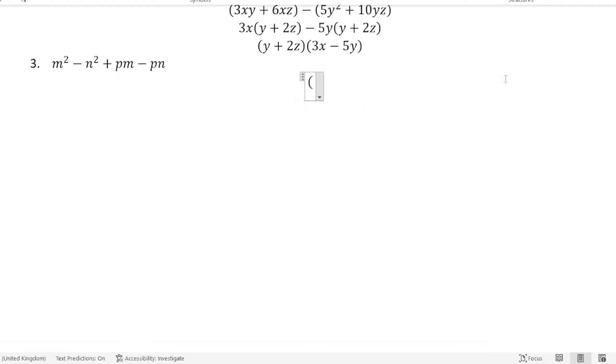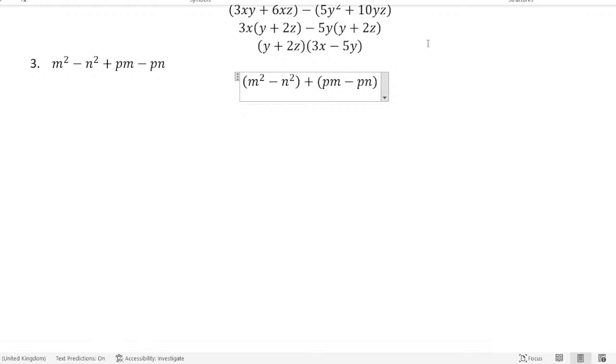So it's going to be m squared minus n squared, put them inside brackets, plus pm minus pn, close brackets.